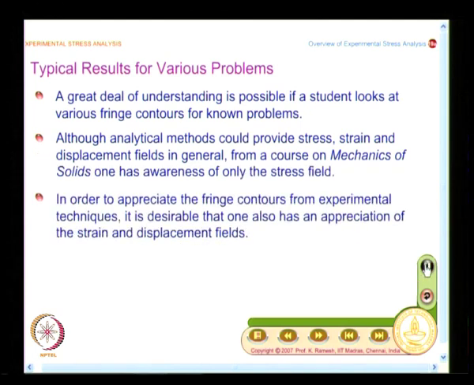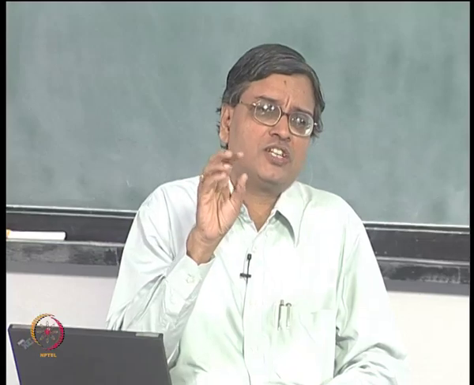And what we are going to now focus upon is, there is a fundamental difference. When you do a course in strength of materials, you find out what is stress, and your focus is essentially on stress at a point.